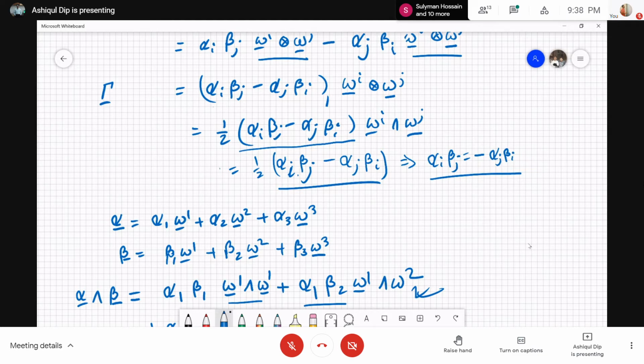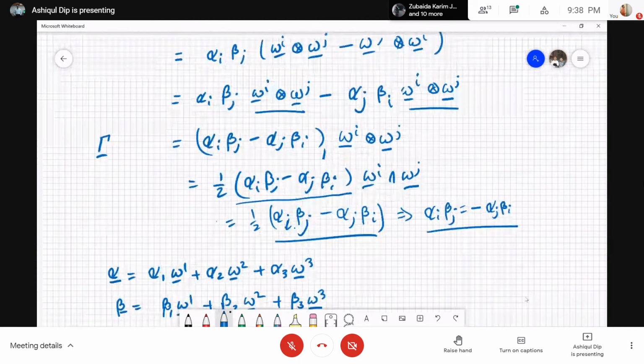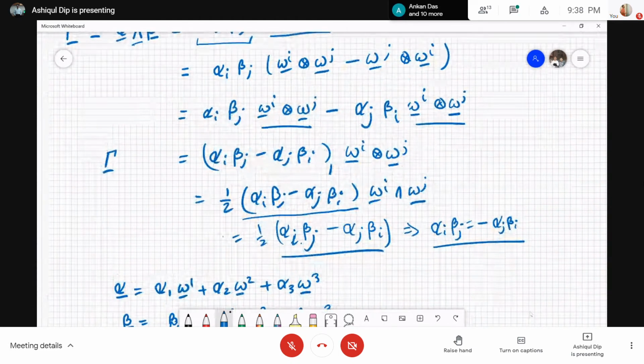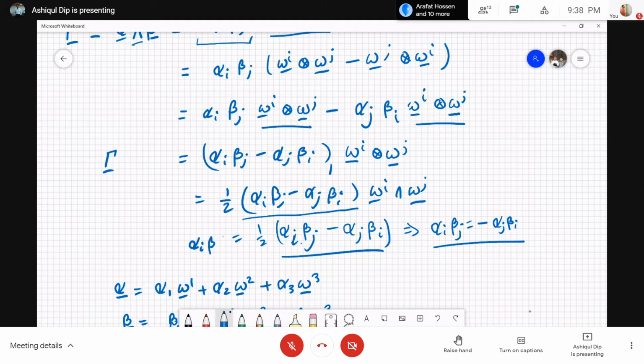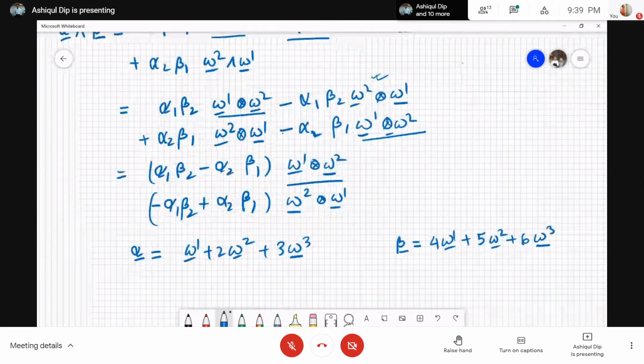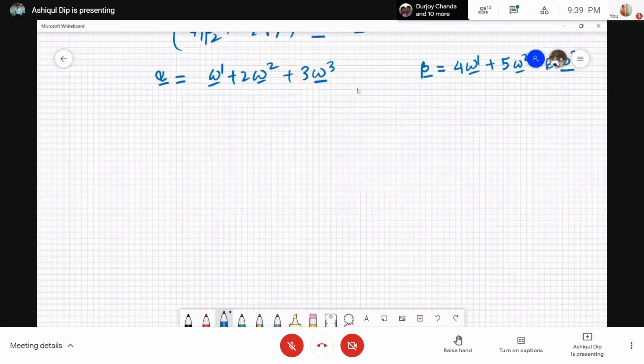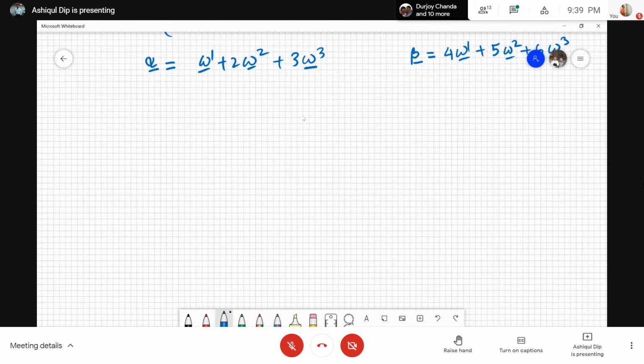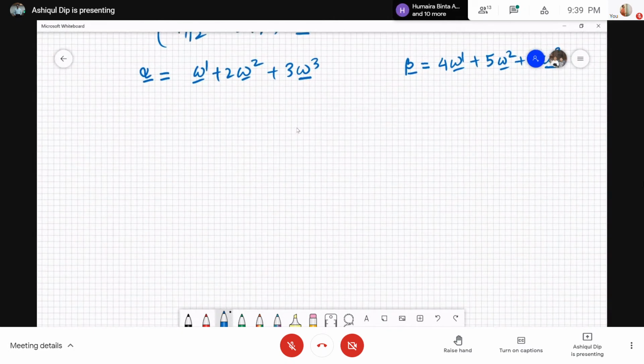Okay, I see the problem. Why did we get this equation? Probably we equated it with alpha i beta j, right? When can we actually equate components? To equate components of two things, we need some condition.